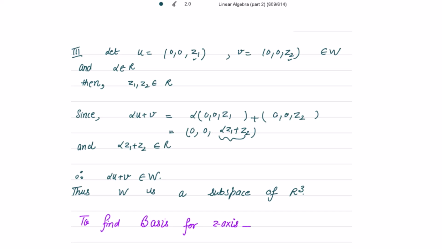Which means alpha u plus v belongs to W. Thus, W is a subspace of R3, right?